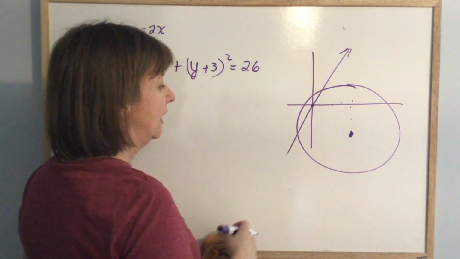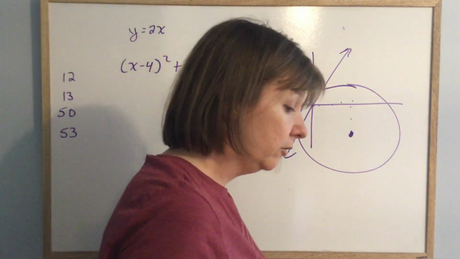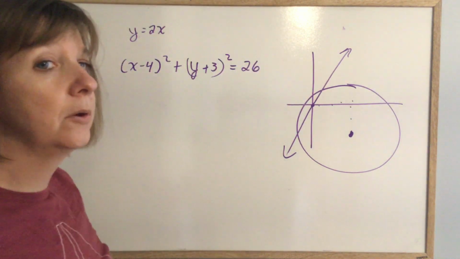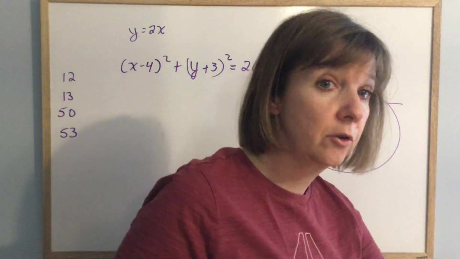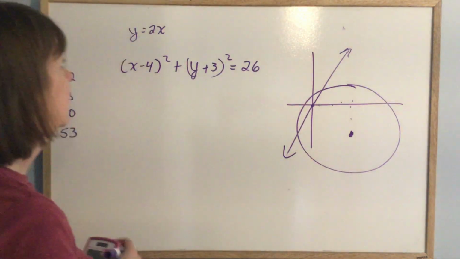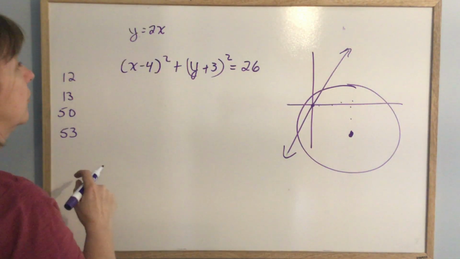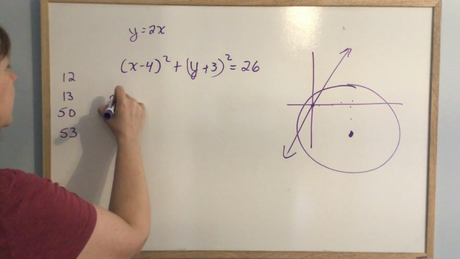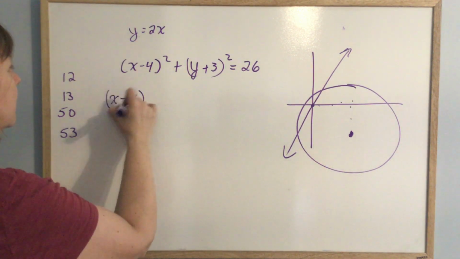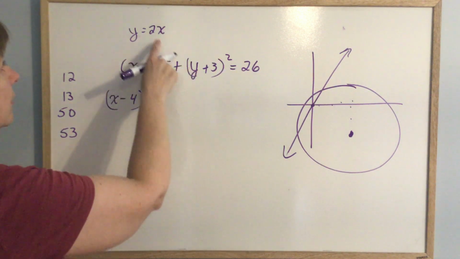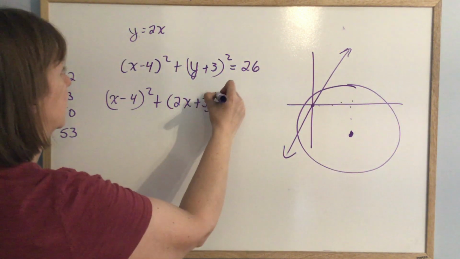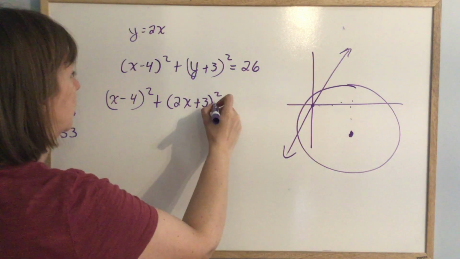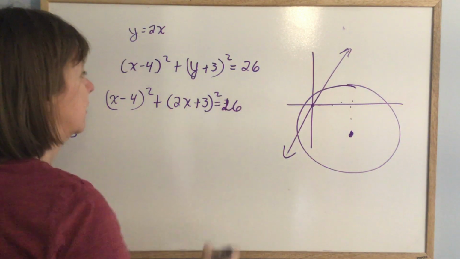So again, if you draw the picture and then you get your answer, it will help you to know whether your answer actually makes sense or not. But you don't have to draw the picture. I didn't need that. Because if y is equal to 2x, I'm going to do x minus 4 squared, and I'm going to substitute the y for 2x plus 3 squared equals 26.